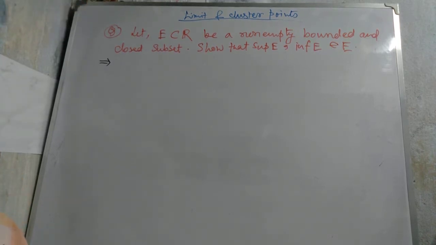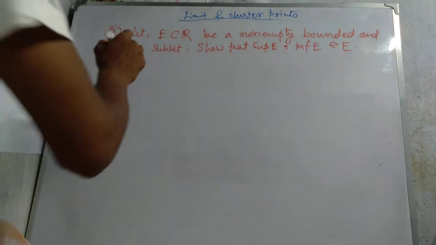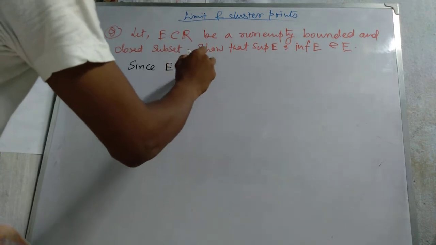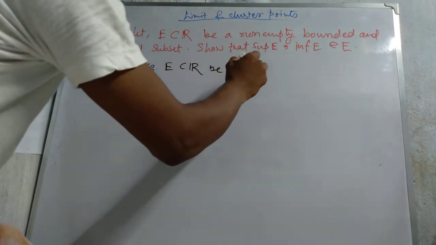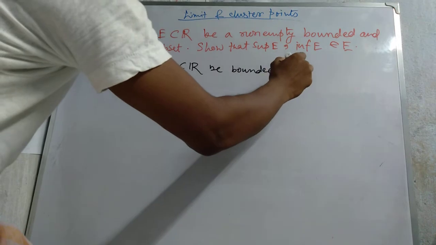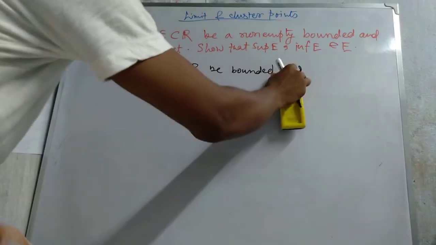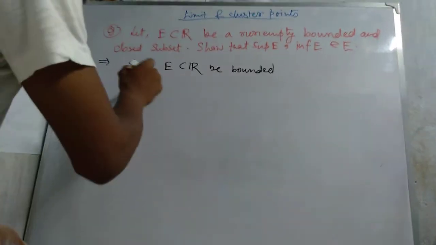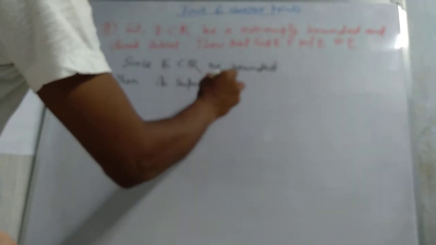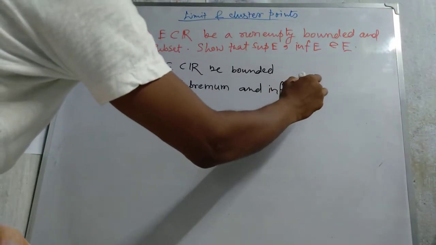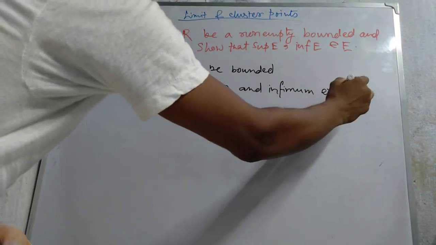Since E subset of R is bounded, its supremum and infimum exist.